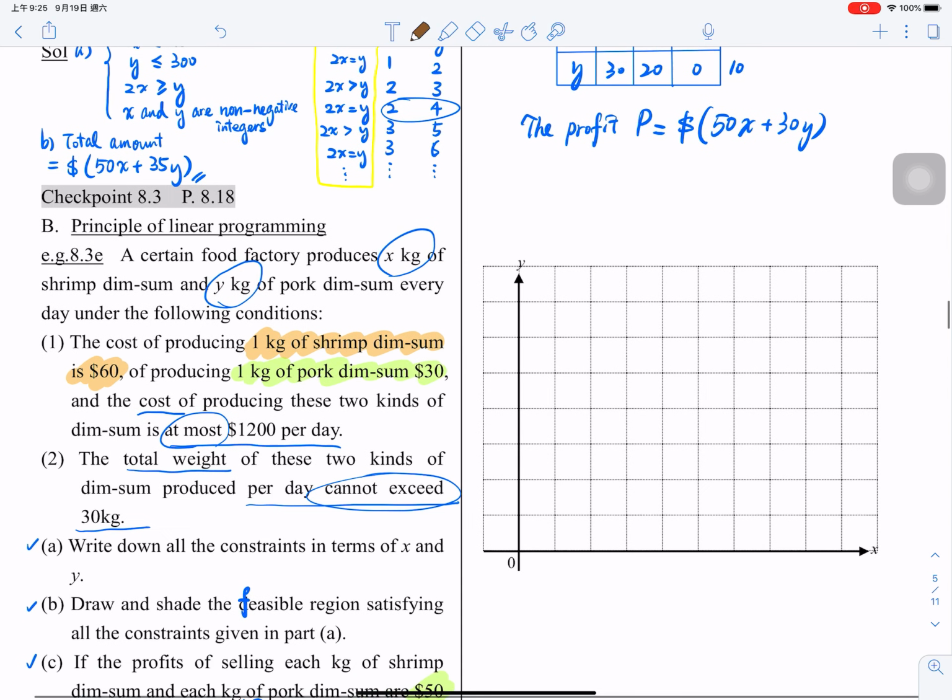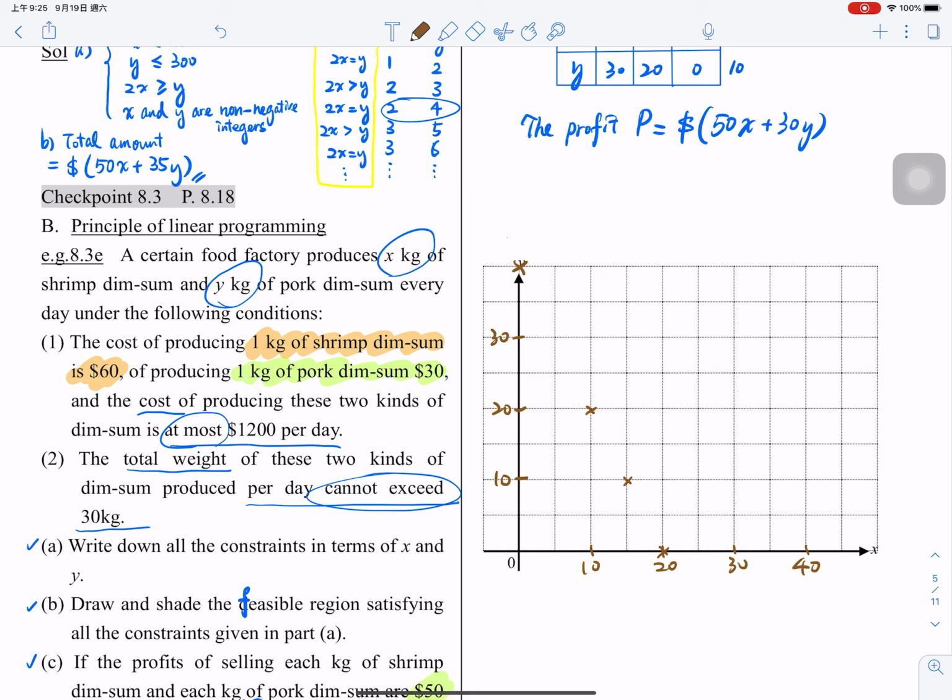Mark the scale for each axis: 10, 20, 30 for the y-axis, and 10, 20, 30, 40 for the x-axis. Then the points 0, 40, 10, 20, and lastly 20, 0 for 2x plus y equals 40, right?